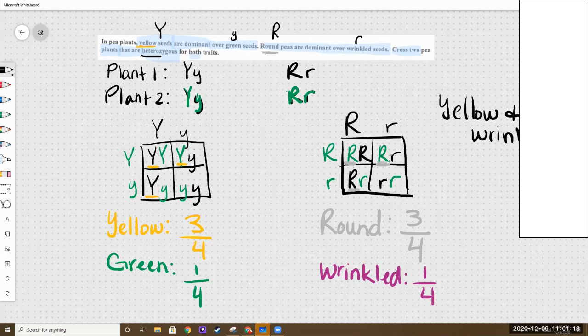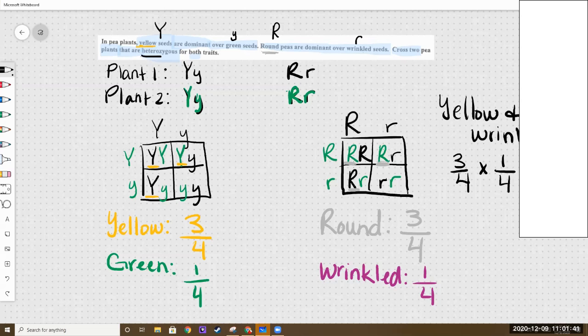Once I figure out my fractions, super easy. I would take my yellow fraction, which is 3/4, and multiply by my wrinkled one, which is 1/4. So 3 times 1 equals 3. 4 times 4 equals 16. So 3 out of 16 possible kids would be yellow and wrinkled.